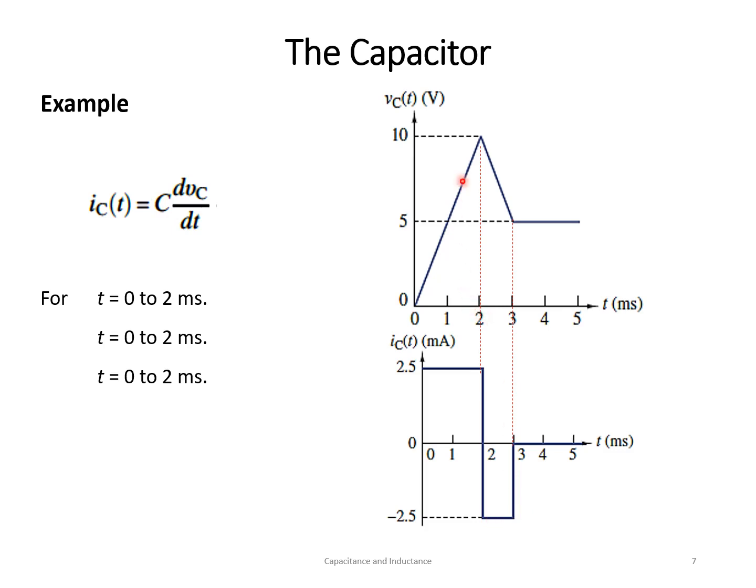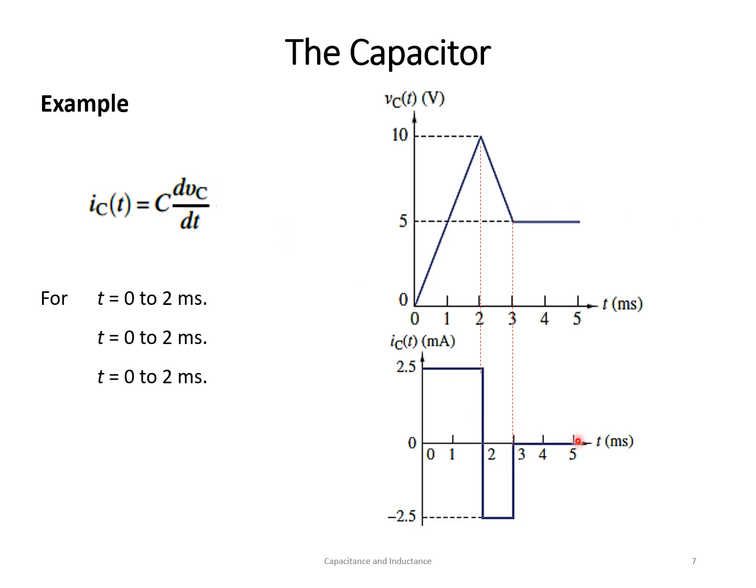Again, a few words about these voltage and current waveforms. When dV by dt is positive, the current through the capacitor is positive. When dV by dt is negative, the current is negative. Now from a time equal to 3 millisecond and onward, there is no change in the voltage, and the rate of change of the voltage is 0. dVc by dt is 0.